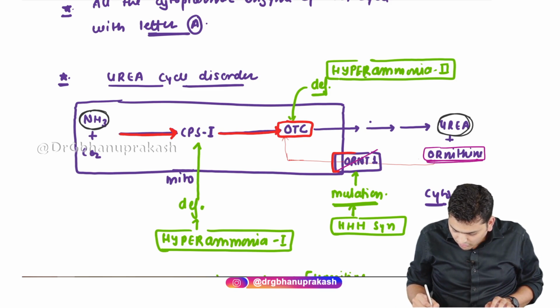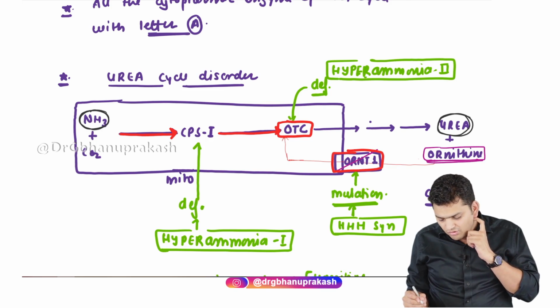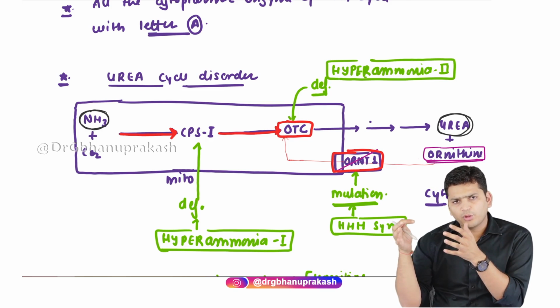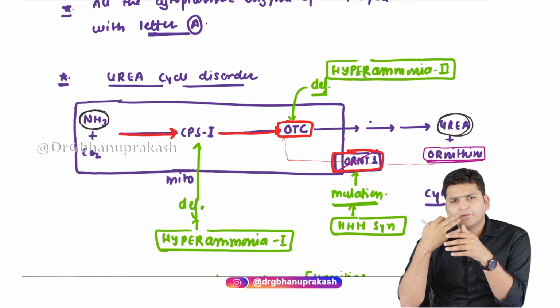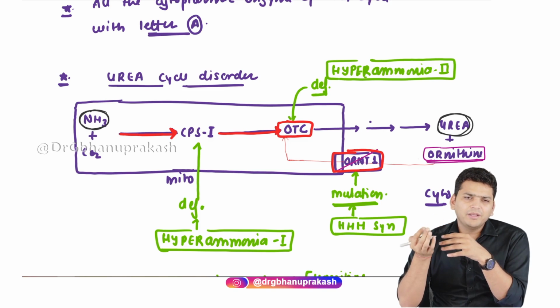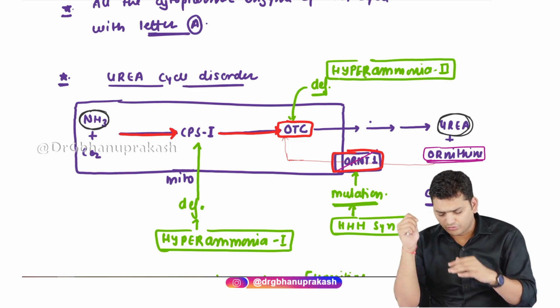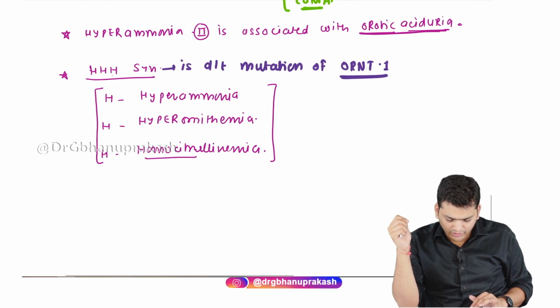We are talking about the ornithine transporter 1 not being there. So instead of transferring the carbamyl group onto ornithine, the carbamyl group will be transferred onto lysine and it will make a molecule that is similar to citrulline, called homocitrulline. So this is called homocitrullinemia.